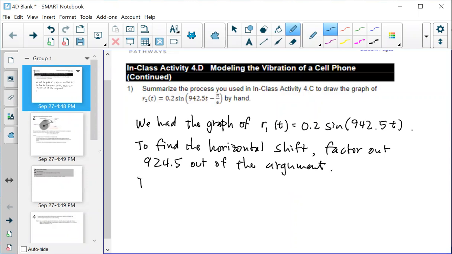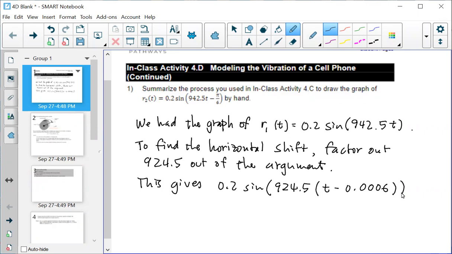So this would give, let's write this, 0.2 times the sine, and then we factor out the 942.5, and inside the second set of parentheses, we have t minus 0.0006. So the effective horizontal shift was 0.0006 to the right. Let me say that one more time: 0.0006 to the right.